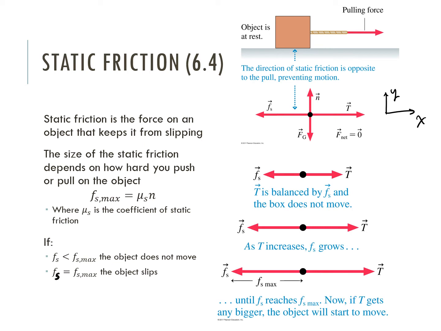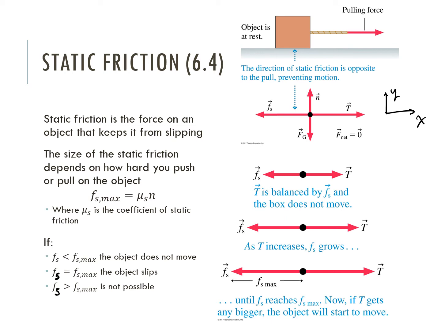So with static friction, it has a maximum value, and you cannot be larger than the maximum value. I don't know what's going on with all these X's. They should be S's. So if the static friction is less than the maximum value, we have to be stationary.